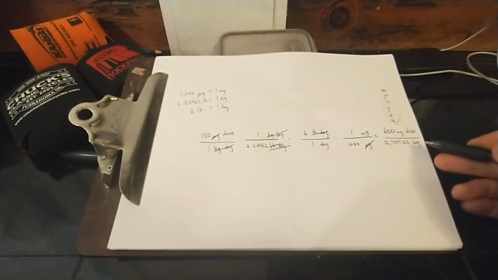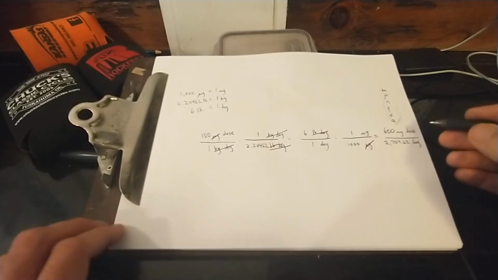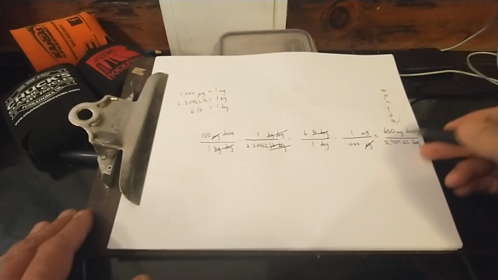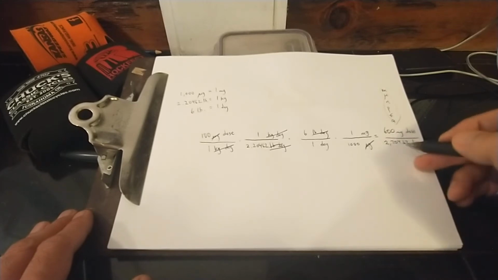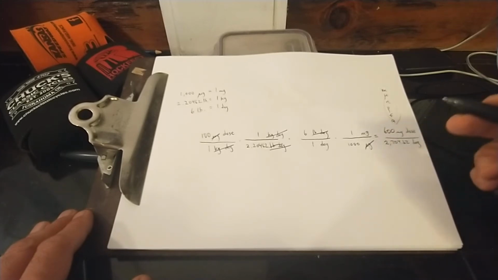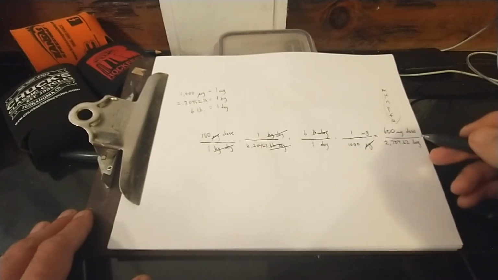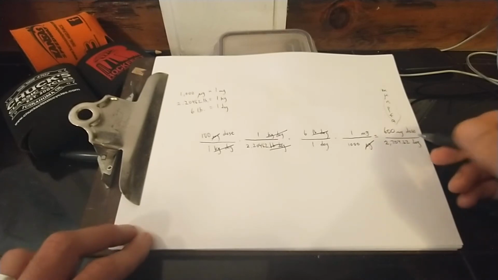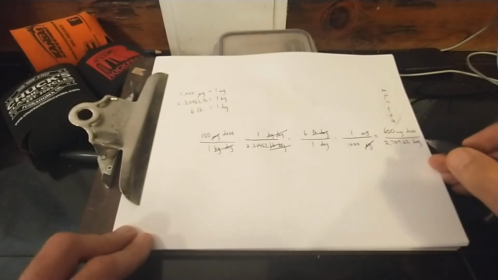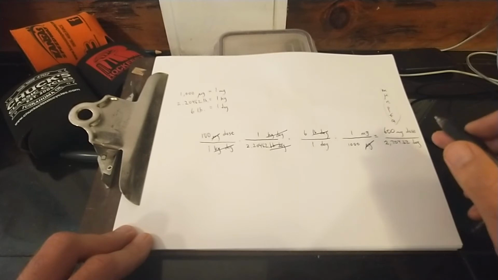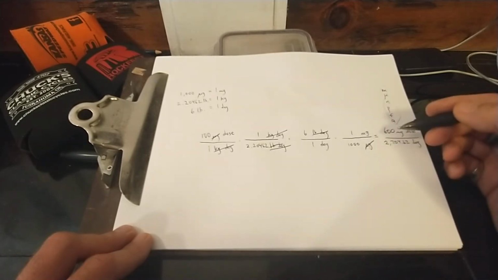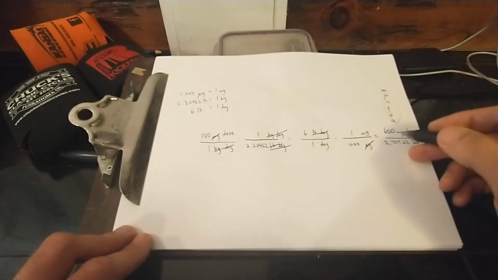So before we do that, you use your calculator for this part, but just notice that if you had 600 milligrams of this medicine, that would be enough for 2,204 6-pound dogs. So that's some pretty potent stuff. But we don't need to give 2,200 dogs the medicine. We need to give 1 dog the medicine. So we'll go ahead and hit that division and then use a calculator for that part.